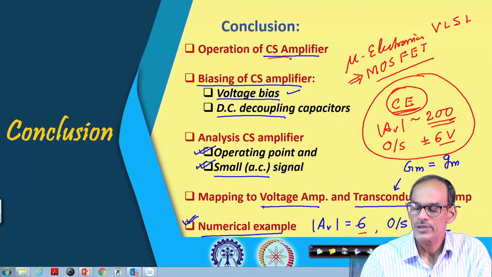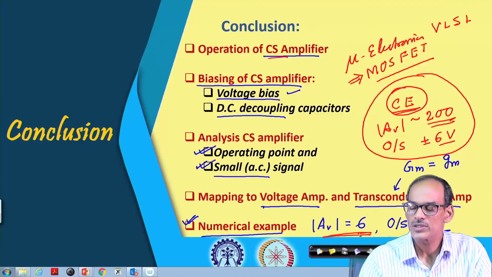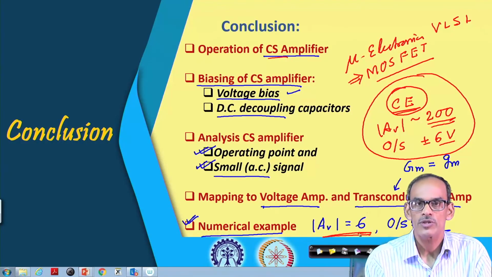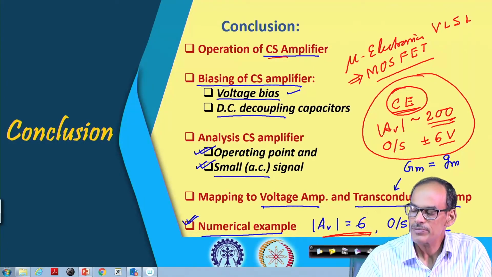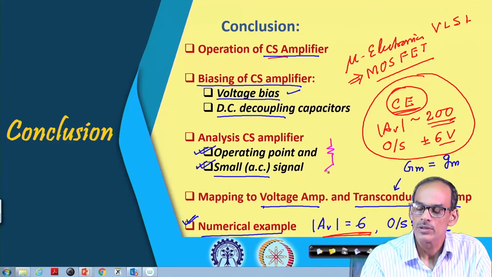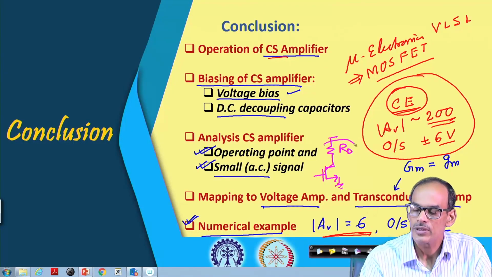And in case we are not happy with this, particularly the gain part, maybe we can try some alternative, namely instead of using a passive load, we consider an active load. So, instead of RD, we can use an active device here.